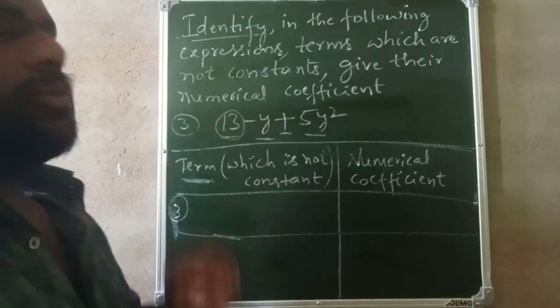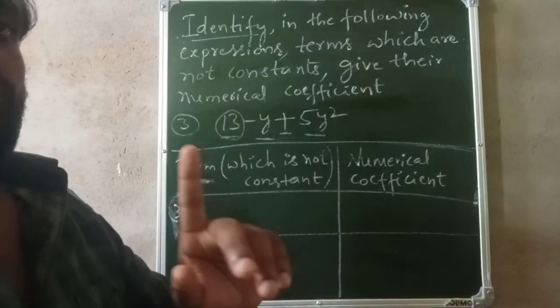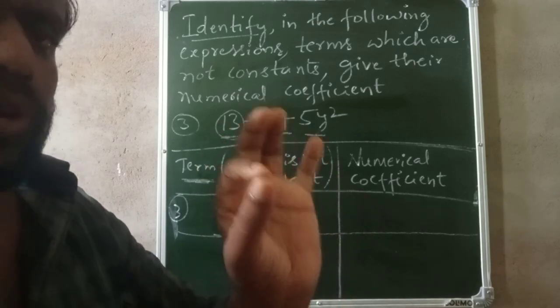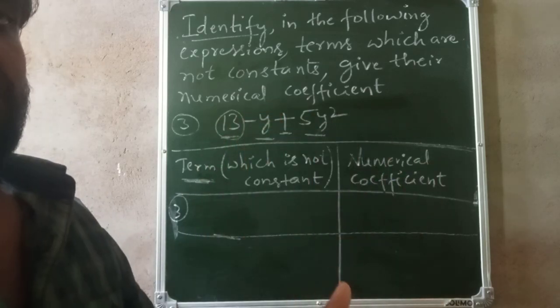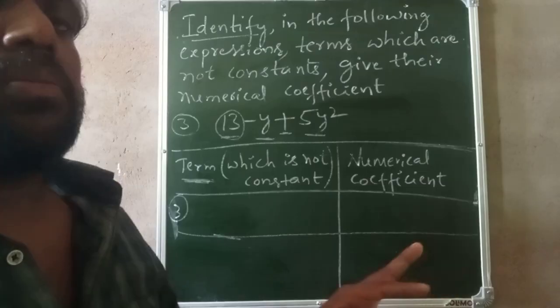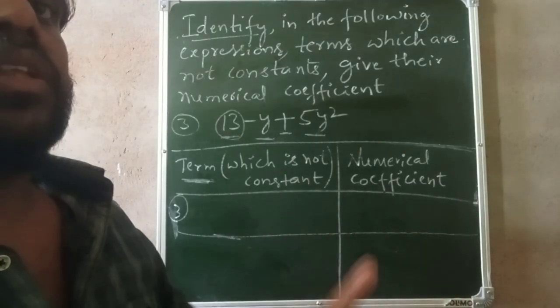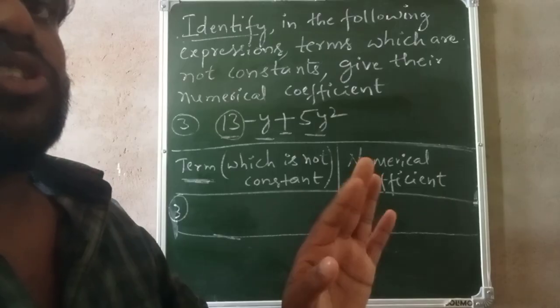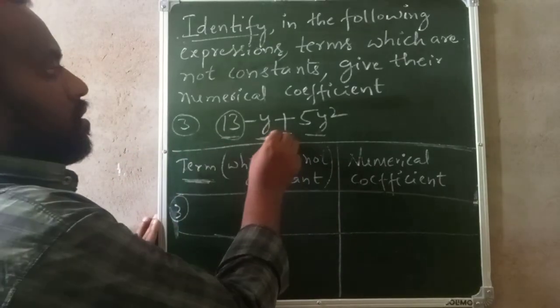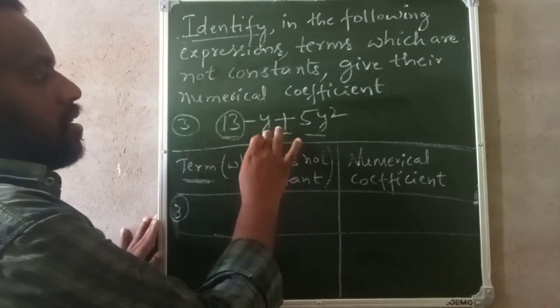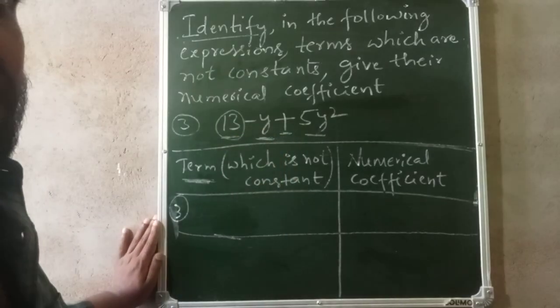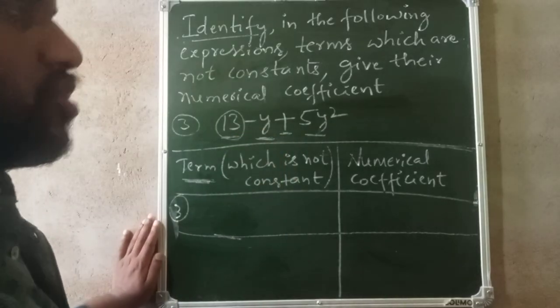Only if there is just one number is it a constant. If along with the number there is any variable, or just a variable, then that is the term which is not constant. So here the variable is there, so that is a term which is not constant.